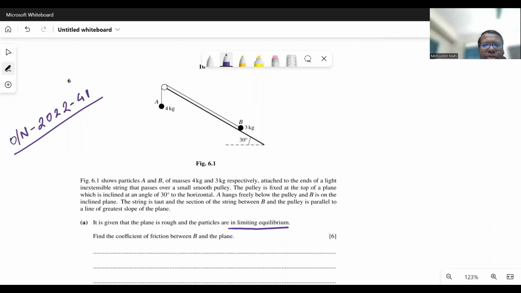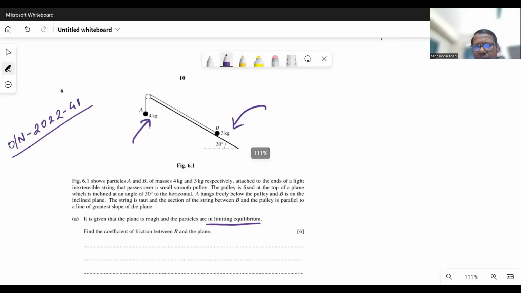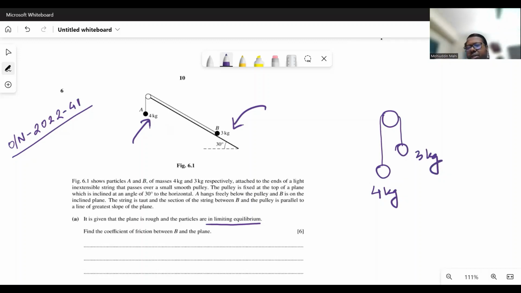So think about it. There's a 4 kg mass and there's a 3 kg mass. For example, consider a simple pulley system. Here there's an object, 4 kg, and there's an object, this is 3 kg. Now in which direction will the system move? The system will definitely move in this direction. Why? Because the 4 kg mass is greater than 3 kg, so it's going to move in that particular direction.